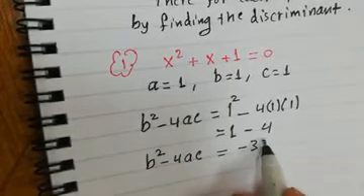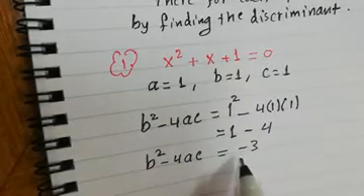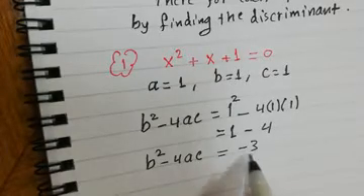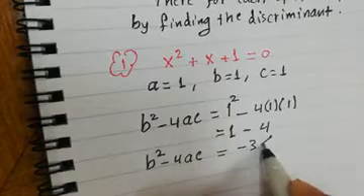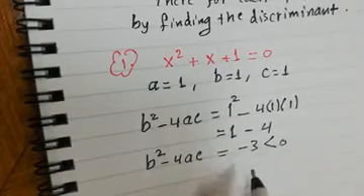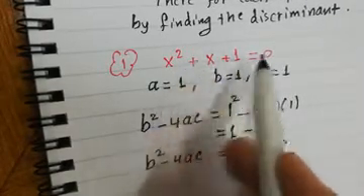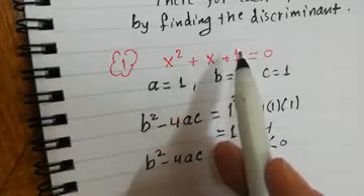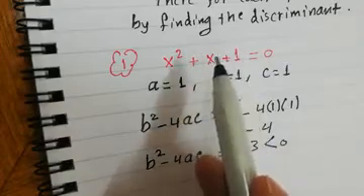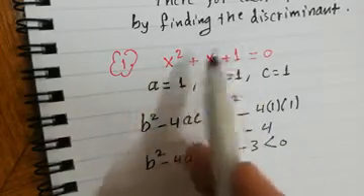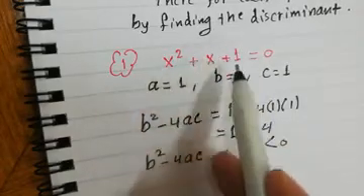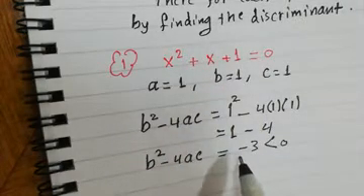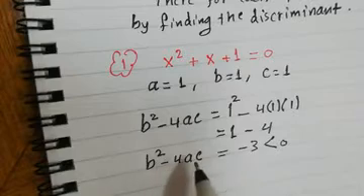What does it mean that the discriminant is negative? If you got the discriminant with a negative sign, which is less than 0, that means your equation has no real solution. So there is no real solution for this quadratic equation, because the discriminant is negative. This is one of the cases of the discriminant.